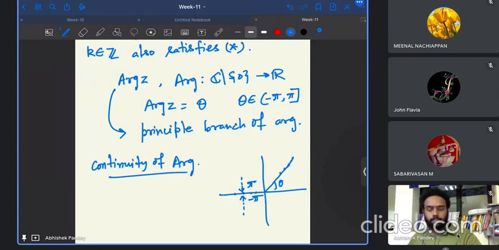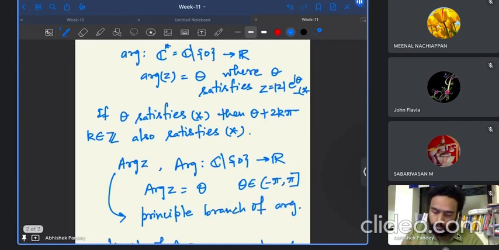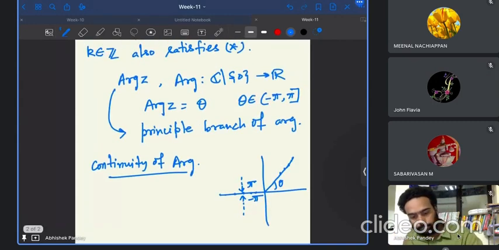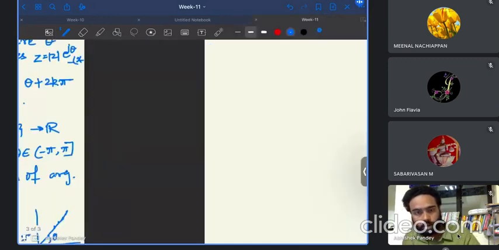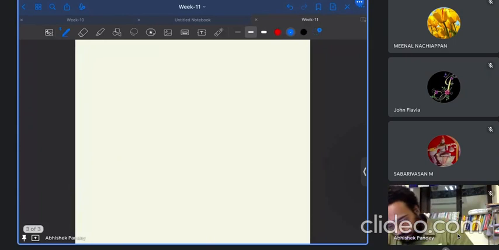Is it clear? Understanding the branch of argument is quite essential to understand the branch of logarithm or power function. So I hope it is clear to everyone. Let us look at the logarithm.